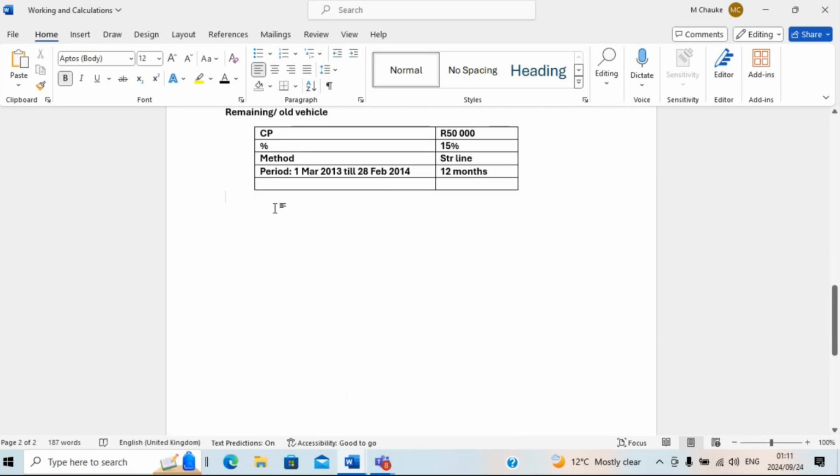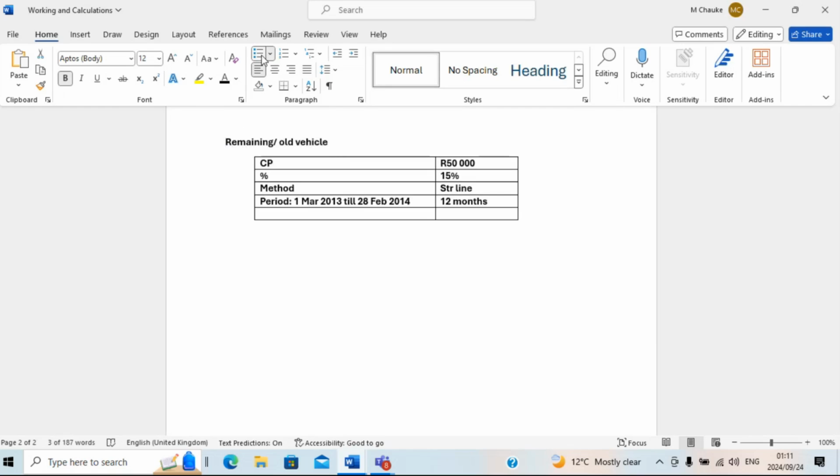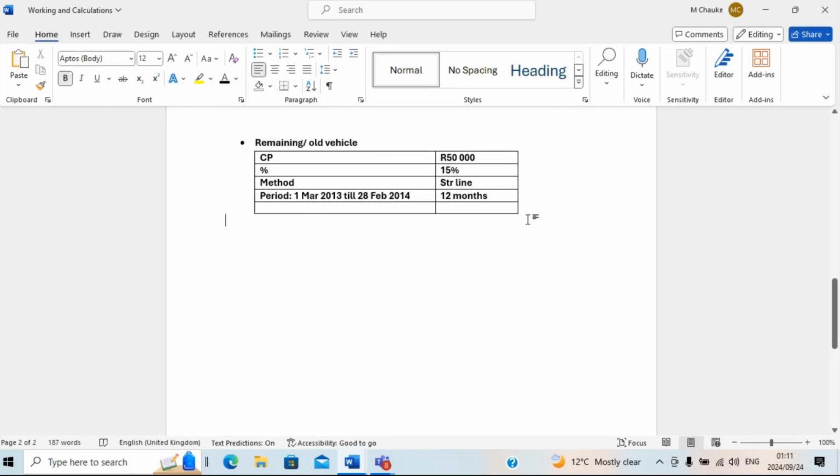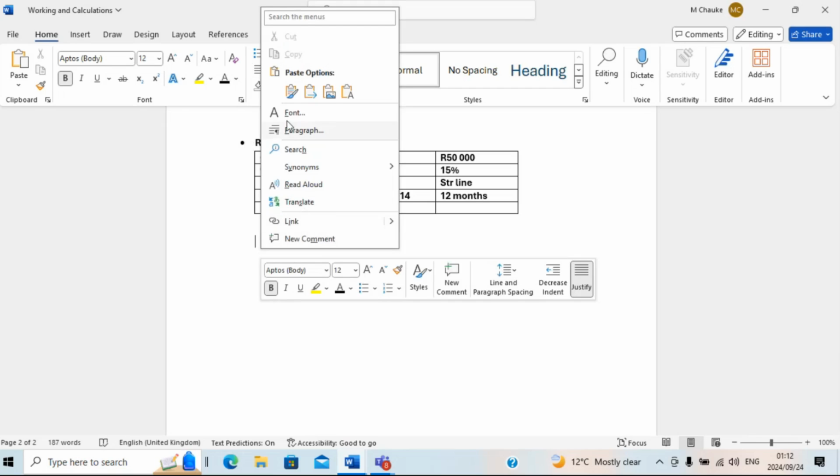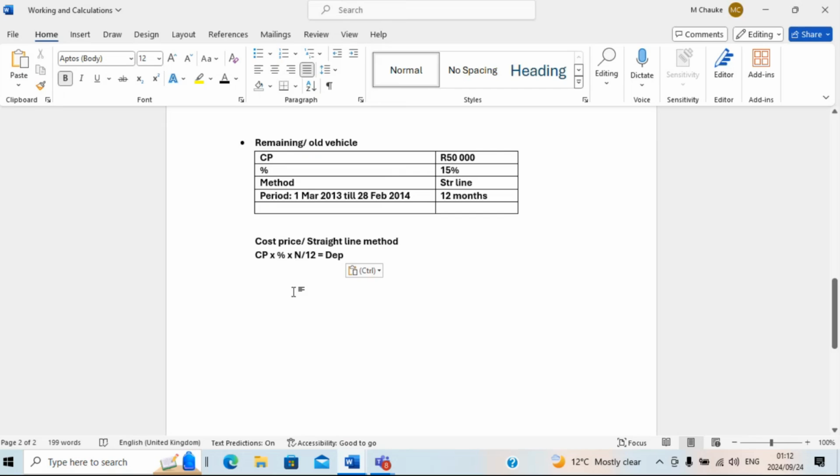So I'm just going to put it there. There we go. Now we're going to follow that method to calculate depreciation for the old or remaining vehicle.